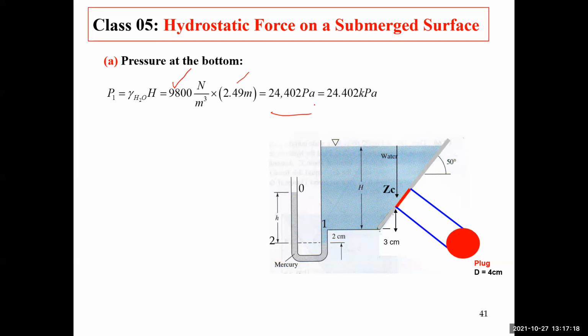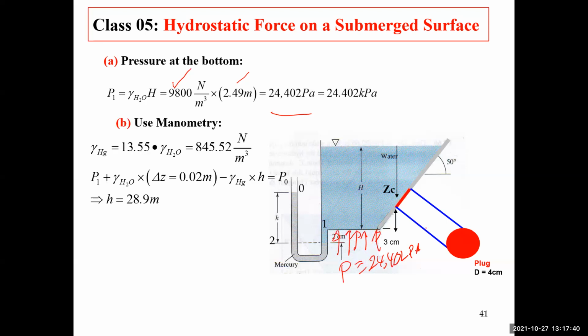So I know that the pressure on the bottom of the tank, along this constant depth, is equal to 24,402 pascals.